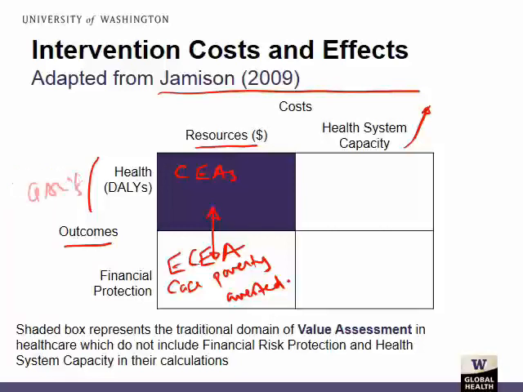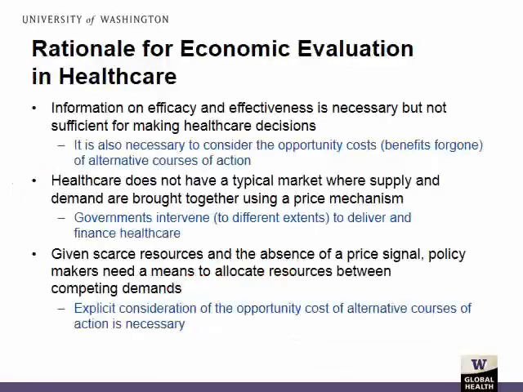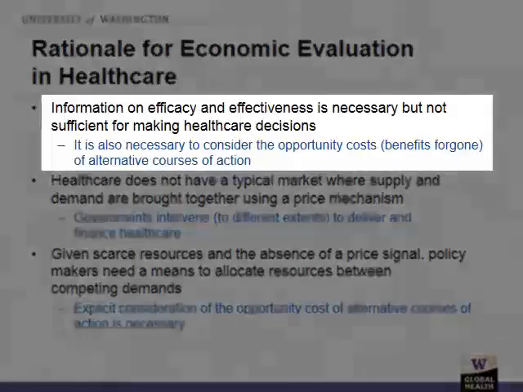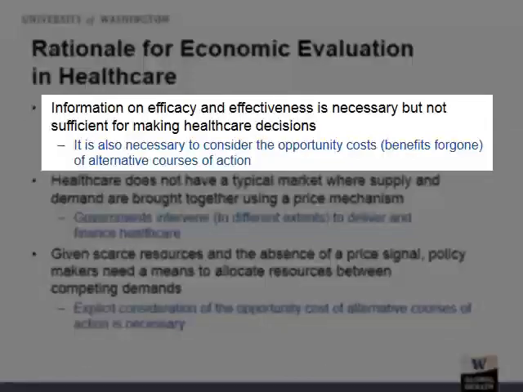So let's look now at the rationale for economic evaluation. Information on efficacy and effectiveness is necessary, but is not sufficient for making good decisions. It's necessary to consider the opportunity cost, which means the benefits foregone of alternative courses of action.